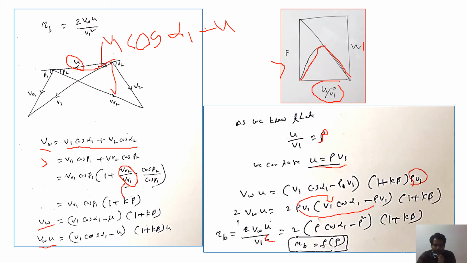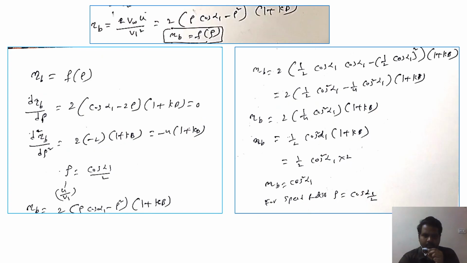Now here, 2Vwu by V1 square is the blade efficiency. Here K and B are constants, and the nozzle angle is also constant, so we can write that blade efficiency is a function of rho.